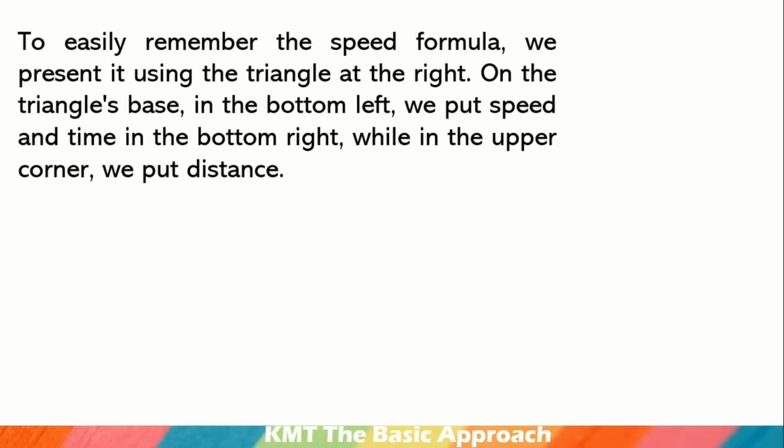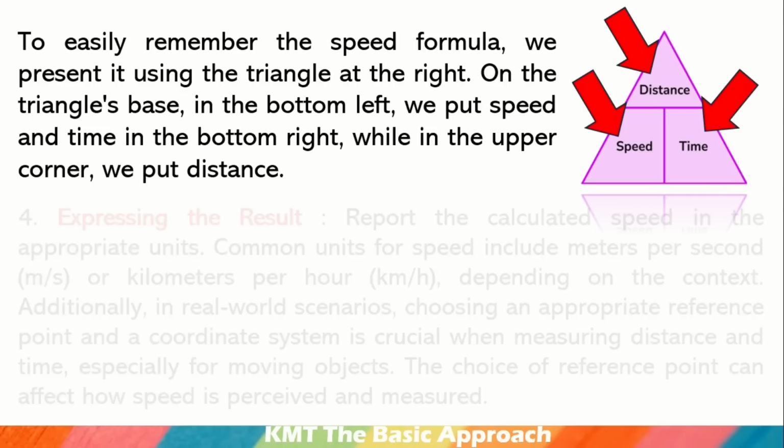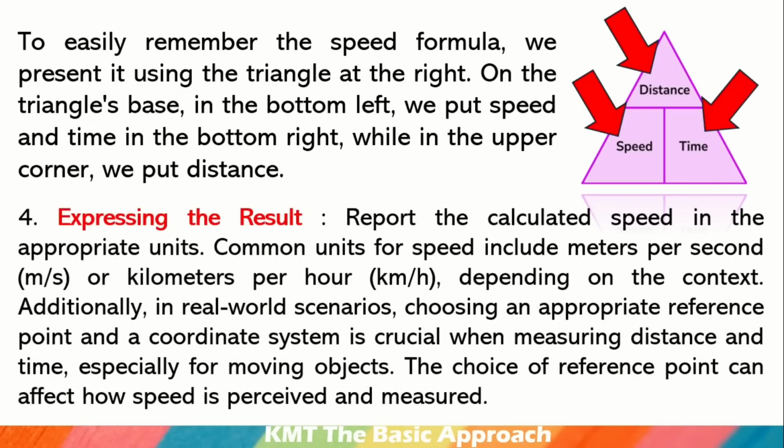To easily remember the speed formula, we present it using the triangle at the right. On the triangle's base, in the bottom left, we put speed and time in the bottom right, while in the upper corner, we put distance. Number 4. Expressing the result. Report the calculated speed in the appropriate units.